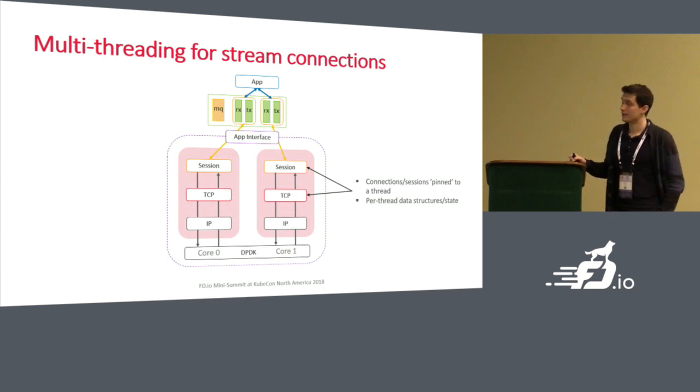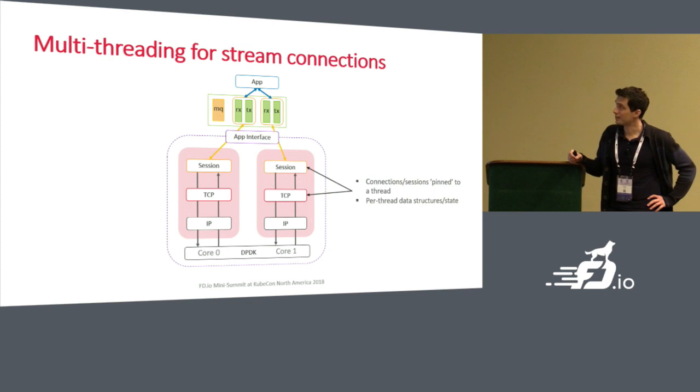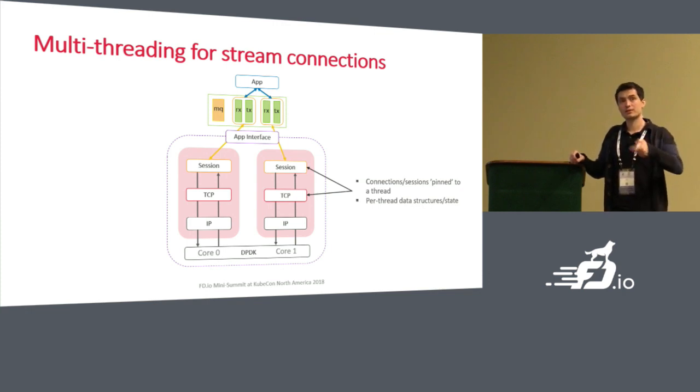So now the question is, how do we scale performance? And we've touched upon this many times, but we haven't gone into details how multi-threading and scaling of performance works. And instead of directly talking about this, let's take a step back and think about VPP and how it does things. I'm pretty sure everybody in the room is aware of the fact that VPP does batch processing or vectorized packet processing.